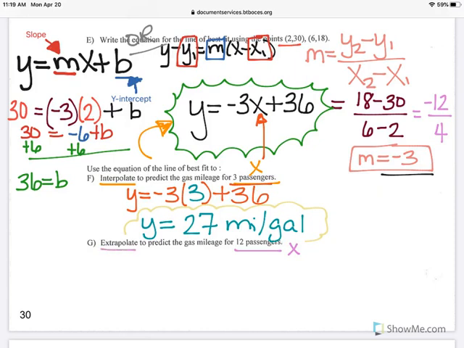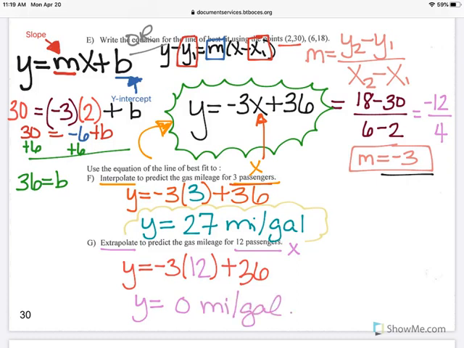So to predict this, we are going to use our equation that we found, but instead of x, we are going to replace x with 12. And when we do the math here, we are going to end up with 0 miles per gallon.